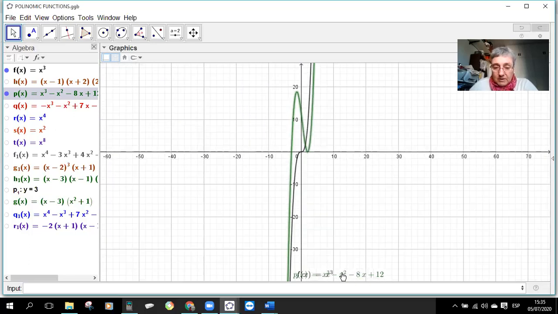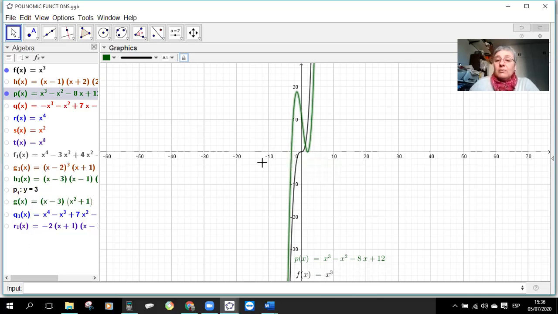Okay, let me move this a little bit up so you can appreciate the difference. Here we have a cubic plus 3 other terms, and these 3 other terms are a quadratic term, a linear term, and a constant term. And the amount of solutions, of roots, of zeros of this function is just 2.